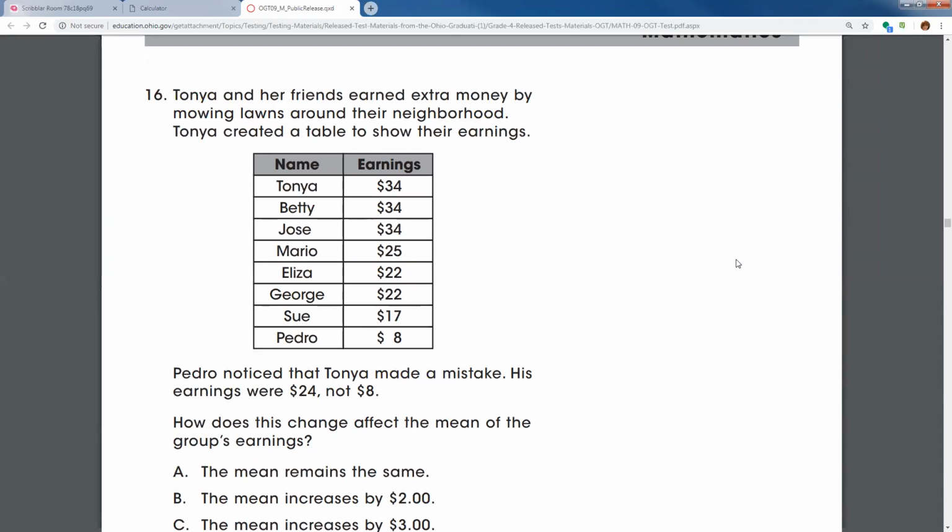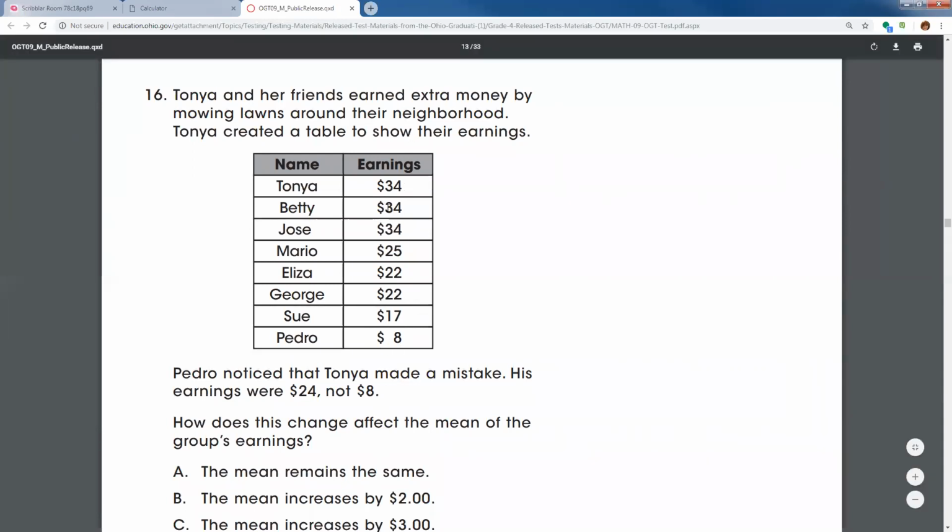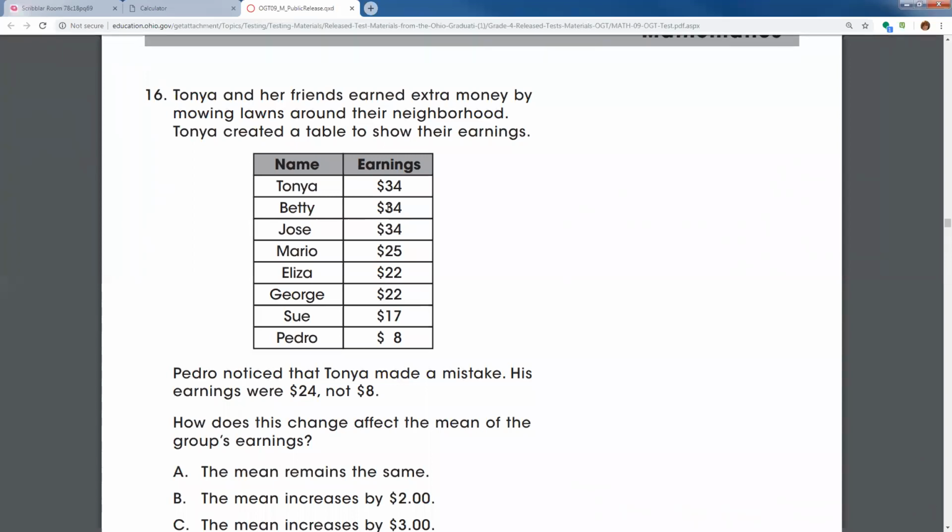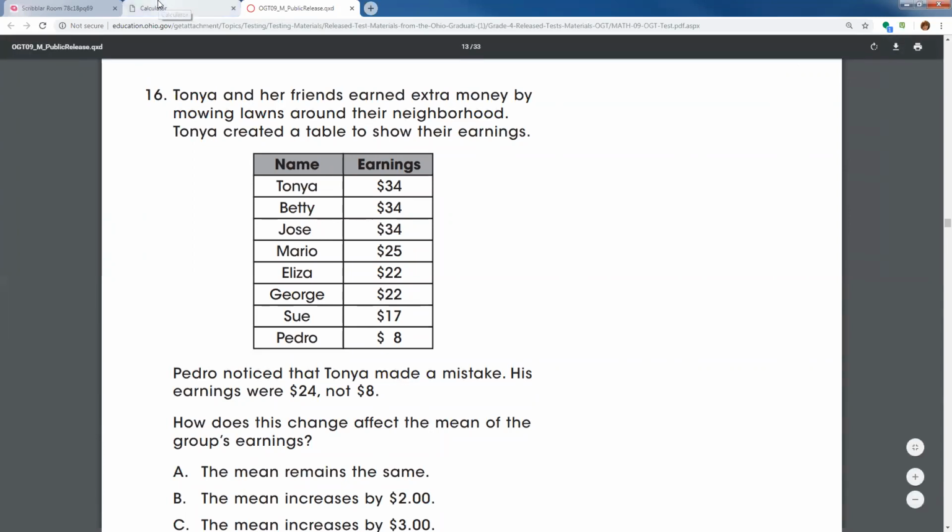Add all the numbers, divide by how many? So we currently have 1, 2, 3, 4, 5, 6, 7, 8 numbers. When you plug it into your calculator, do the addition and get your answer. Don't just hit divide by 8 at the end, or the calculator is going to get it wrong. So you said the answer is B. That should be correct.